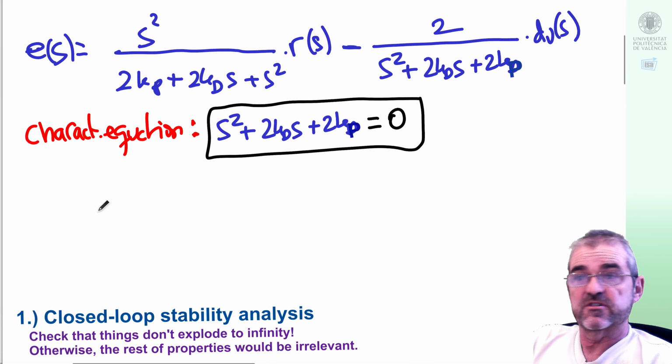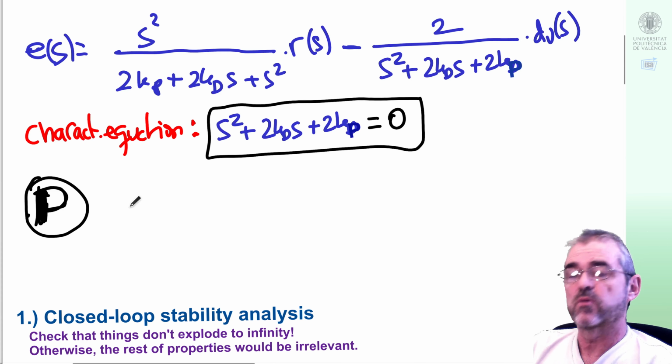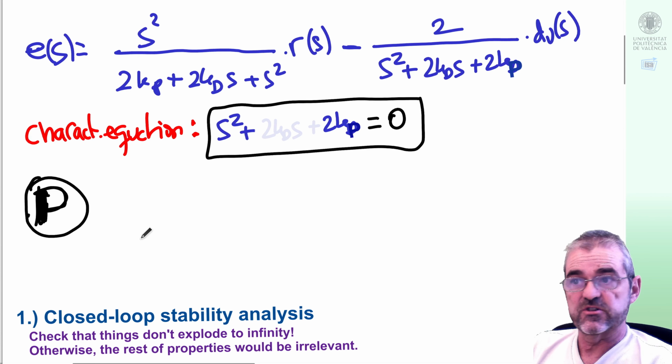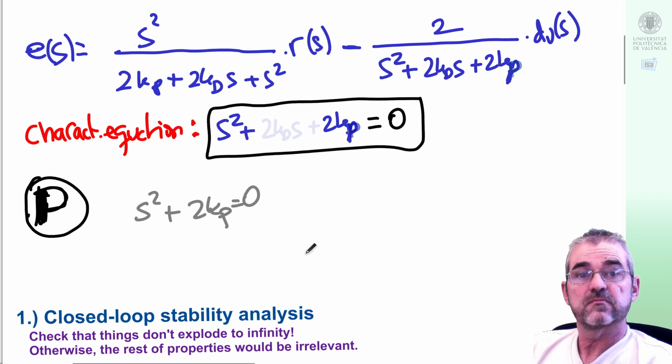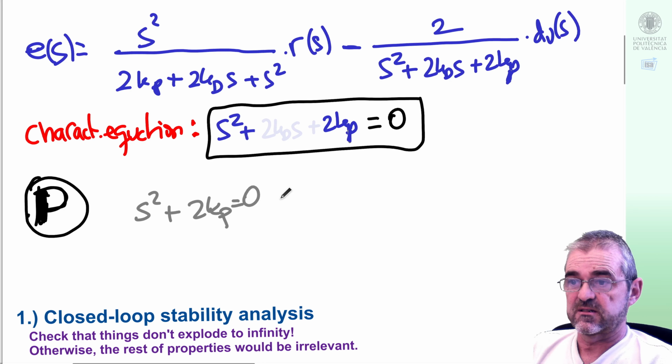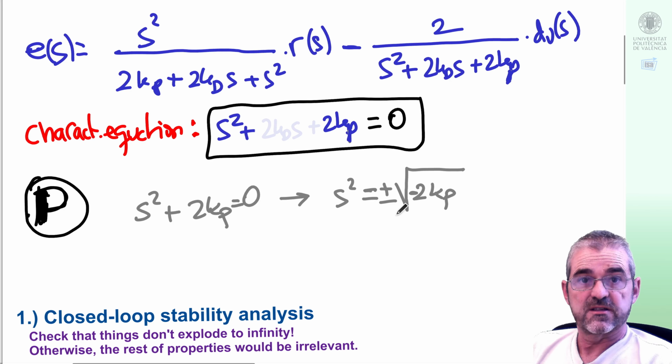Then we will first analyze the proportional control only. So if Kd is 0, the characteristic equation is s squared plus 2kp equal to 0, which has roots, this thing.